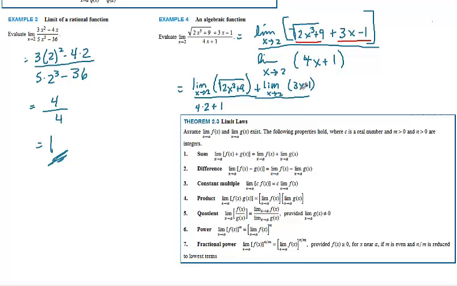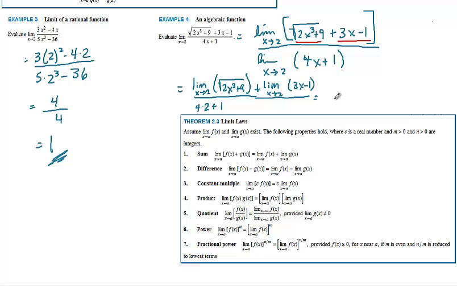Alright, second part I can now substitute in. And this part here, this very first part, I can use this fractional power rule, and I'll be able to plug in from there, because it will then just be a polynomial.